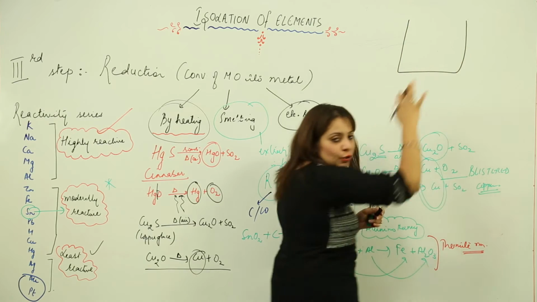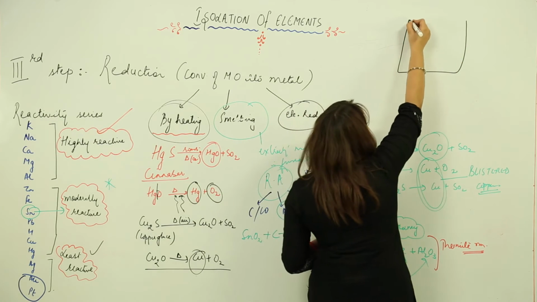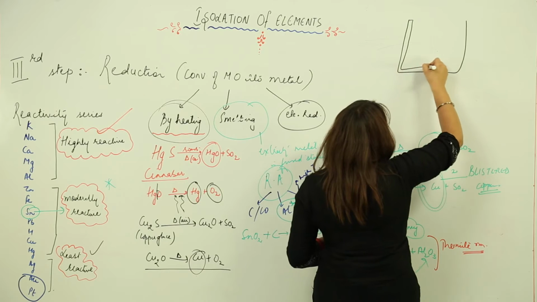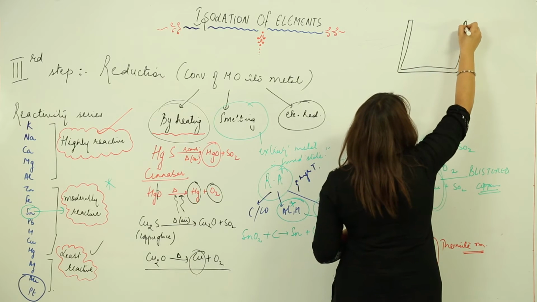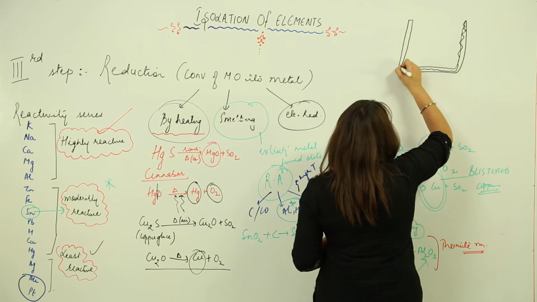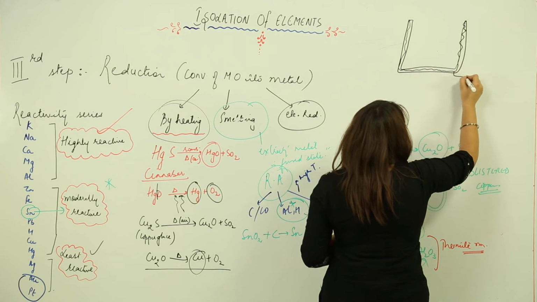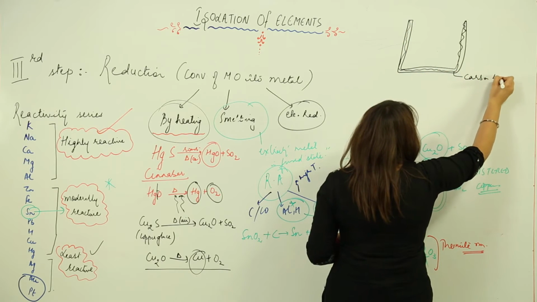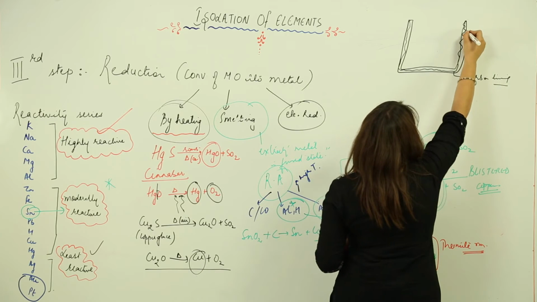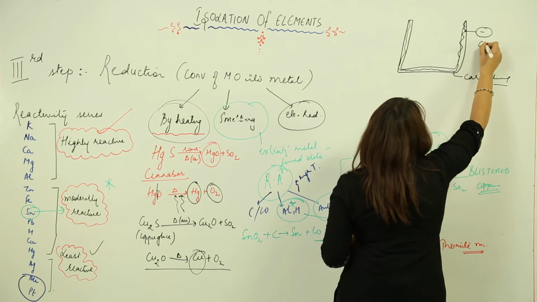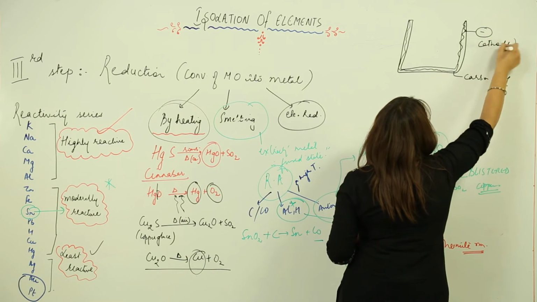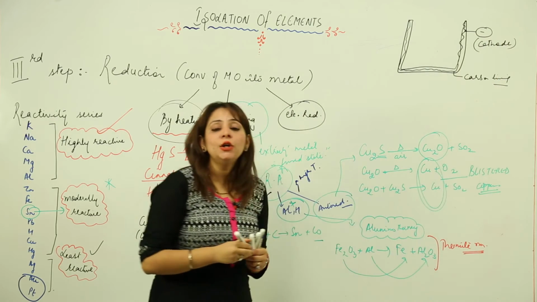So this is my electrolytic cell in which I have a carbon lining. I have just lined it with the help of carbon, and this lining is going to serve as the cathode. Right. Now what do I have in it?